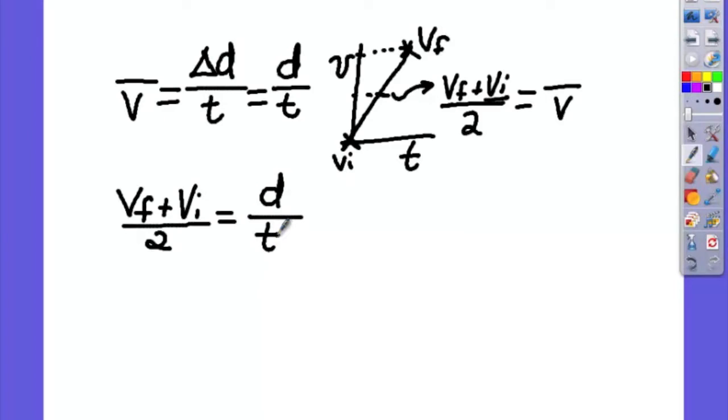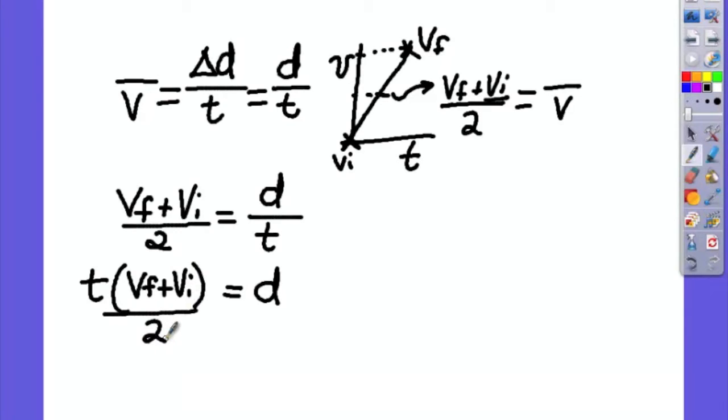And so we can multiply both sides by t. Multiplying by t is going to get displacement alone, and we are going to have t on the top times v final plus v initial, all divided by 2.